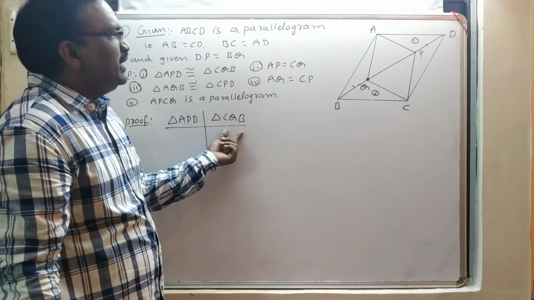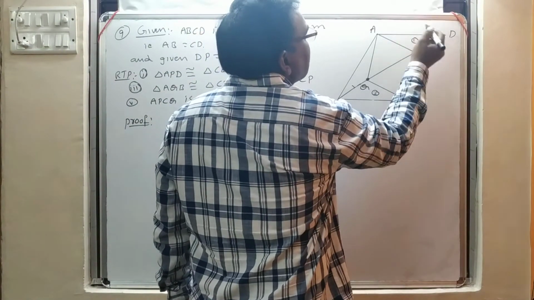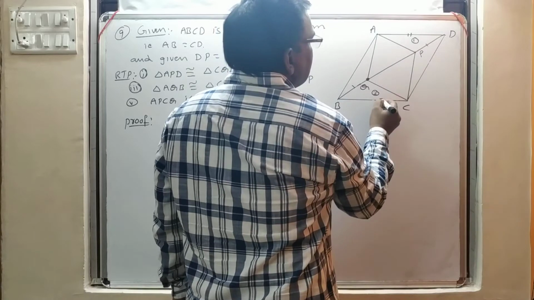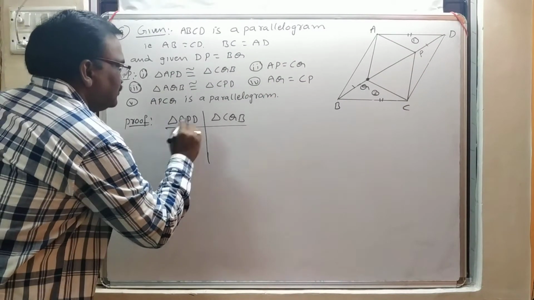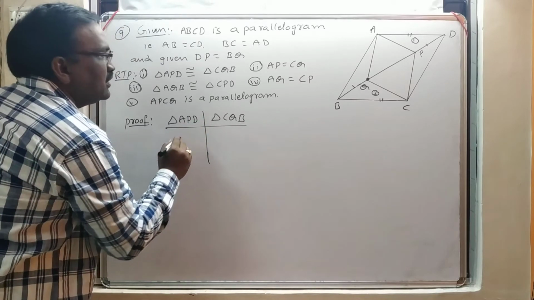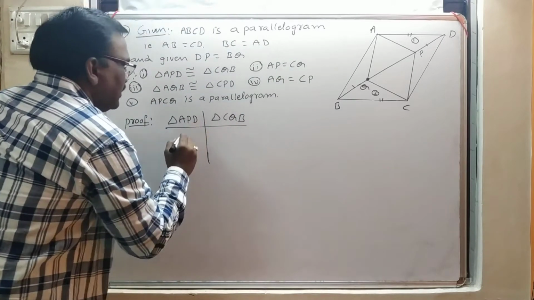In a parallelogram opposite sides are equal. These two sides are equal. AD is equal to BC.